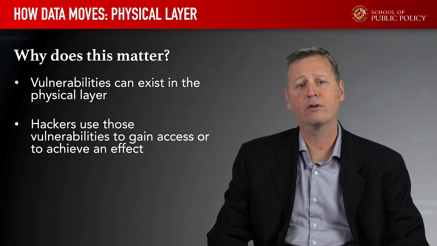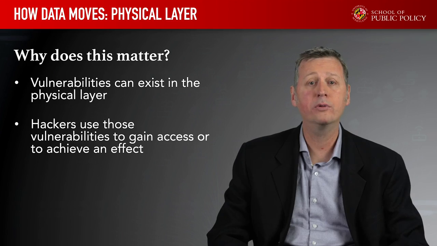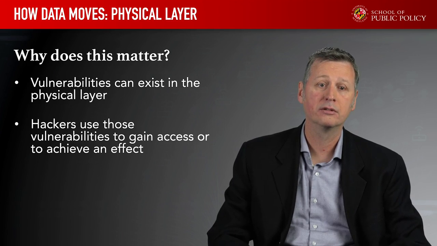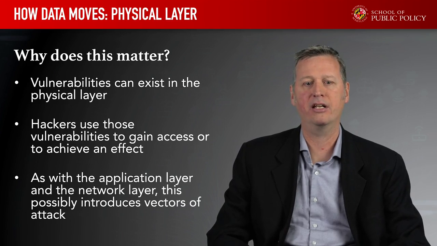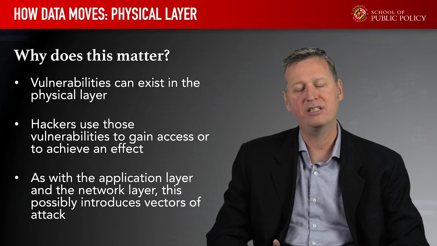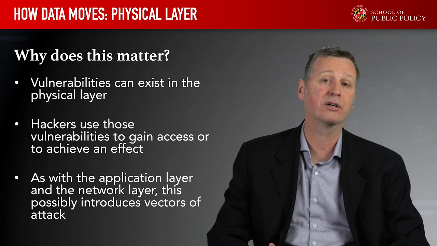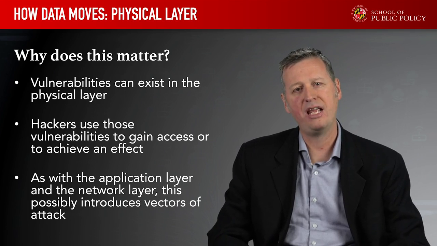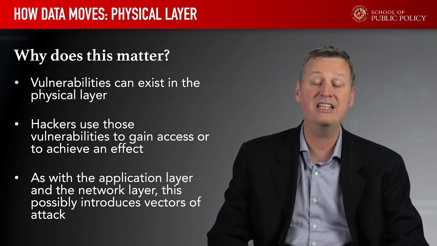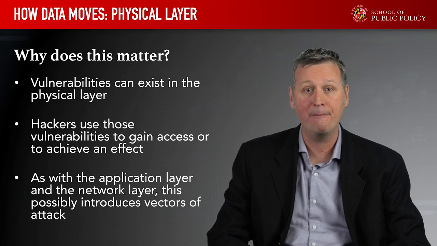Hackers can use those vulnerabilities to gain access or to achieve an effect. And just as we found with the app layer and the network layer, this potentially offers a new vector of attack for a hacker. So we have to understand the complexities of the global telecommunications system if we want to begin to understand the nature of the hacking threat.